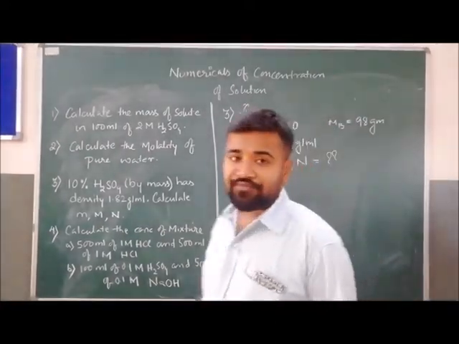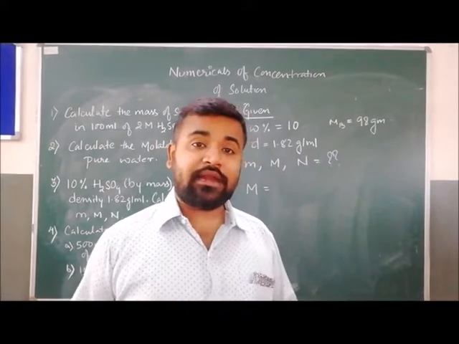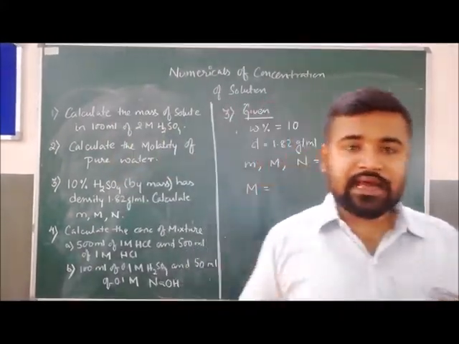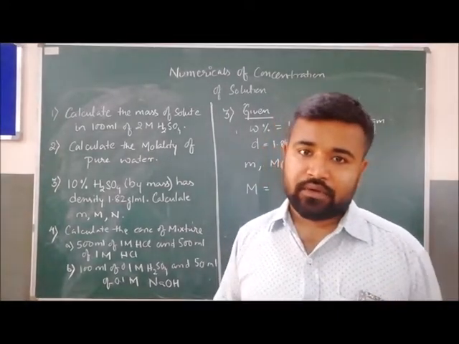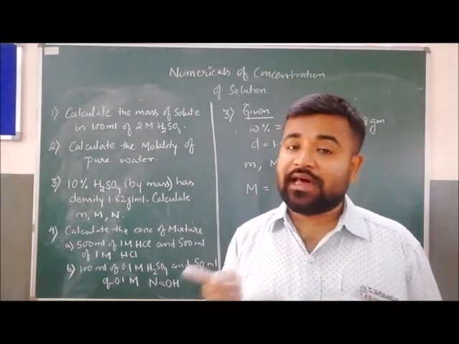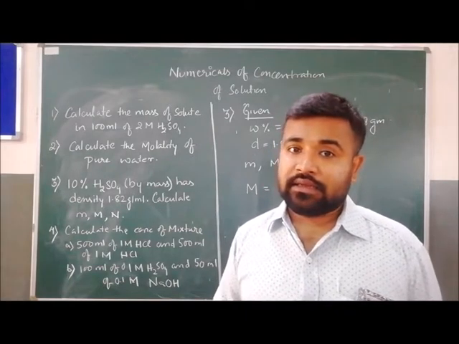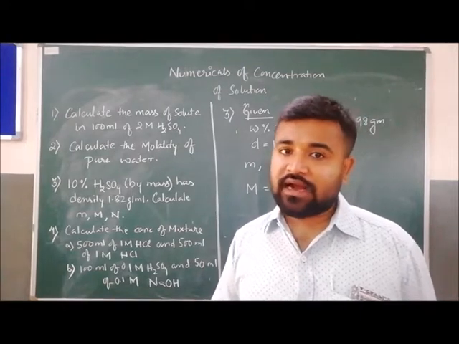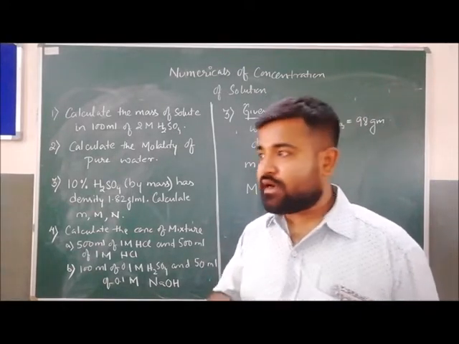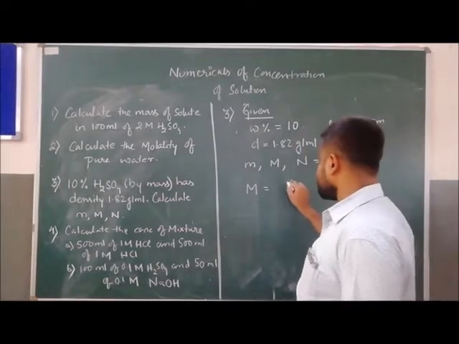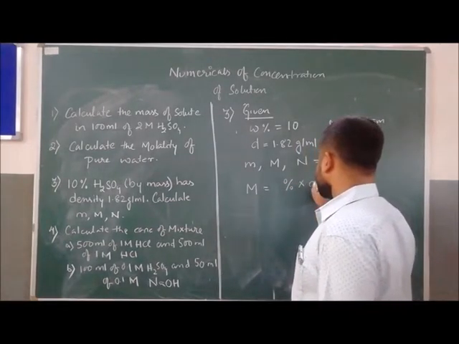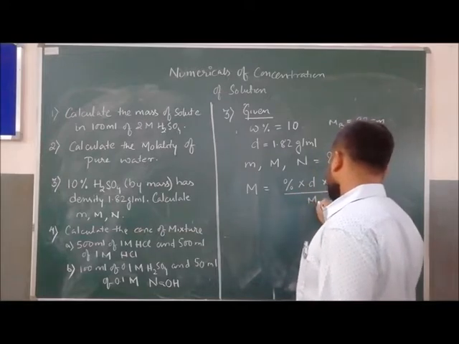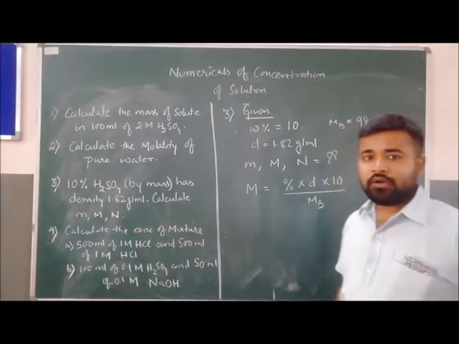In the previous video, I have told you, whenever the molarity you have to find out, and the density of the solution is given, in that case I have told you one formula, that is the relationship between the molarity and the density, or the relationship between the percentage and the density. In terms of that we can also find out the molarity. So what is that formula? Formula is the percent into density into 10 by molar mass.